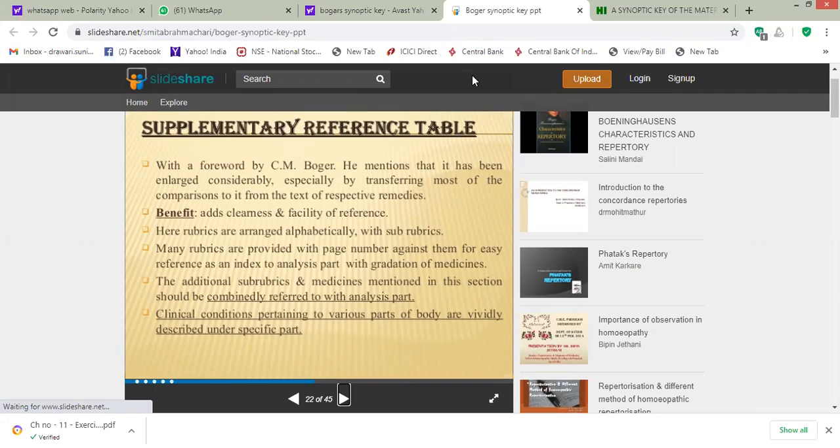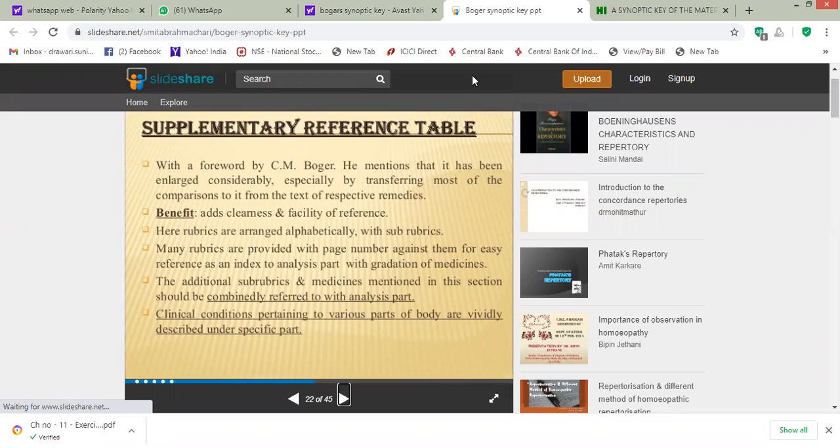Clinical conditions pertaining to various parts of the body are vividly described under specific parts. So in this reference table, we can add clearness, and it is easy for reference to find out the rubrics and subrubrics.